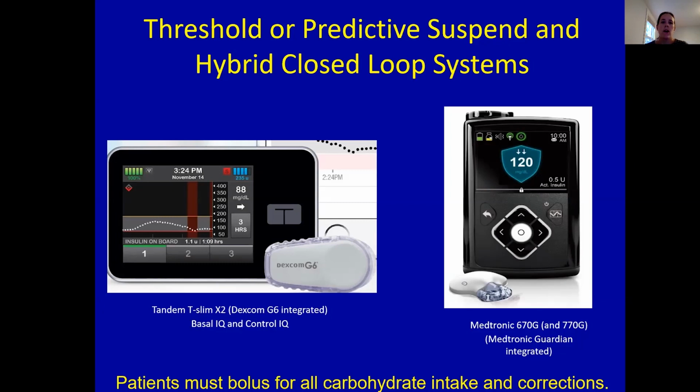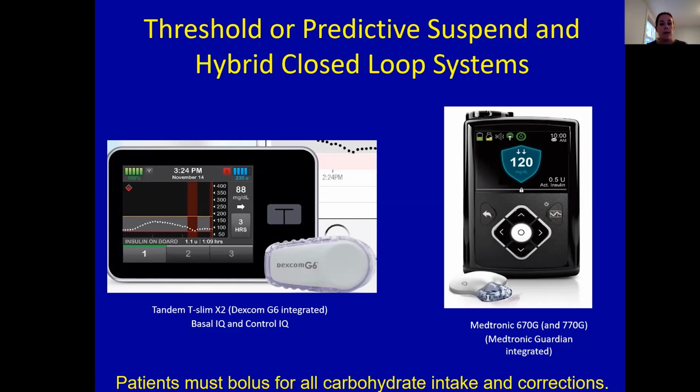So there are the threshold or predictive suspend devices, which includes the T-Slim X2 with Basal-IQ software or the Medtronic 530 or 630G. The way that this works is the pump will use the CGM data to stop insulin delivery if the blood sugar is going below a certain threshold, or if the pump predicts that it will drop low. And so this is really helpful for preventing hypoglycemia.